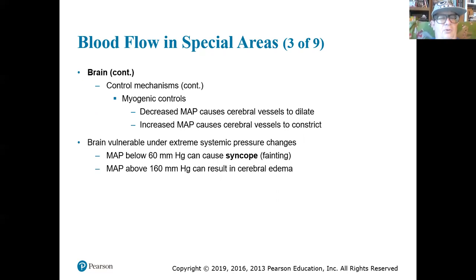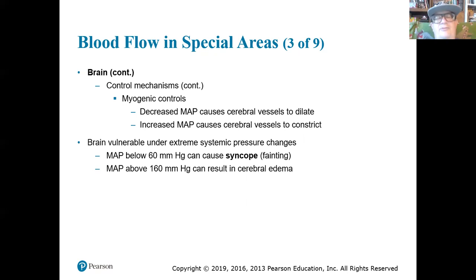All right, so what are the controls in the brain? Myogenic controls, funny name because we're not dealing with muscle, but run with it. Decreased mean arterial pressure will cause the vessels to dilate. Increased mean arterial pressure causes the vessels to constrict.